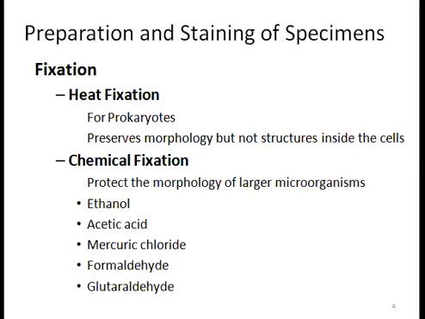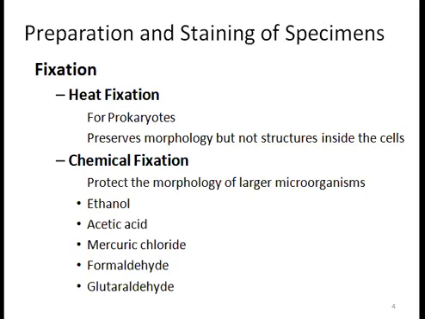For heat fixation, we take a glass slide of appropriate size, take a small portion of bacterial culture in the form of a colony from a Petri plate, and put it on the slide with the help of a needle and spread it over the slide in a thin layer.